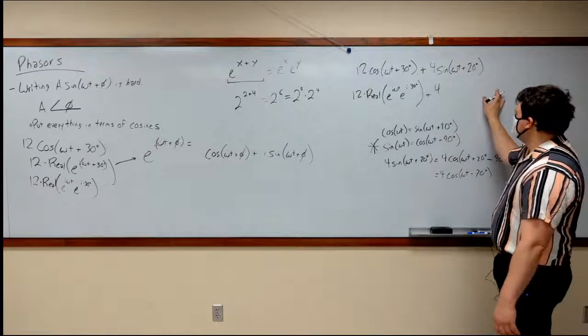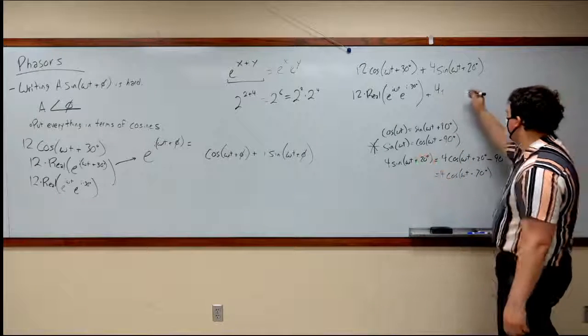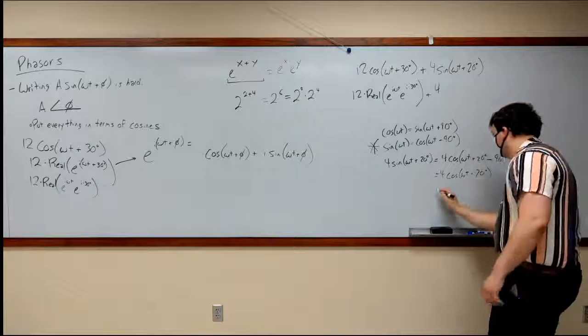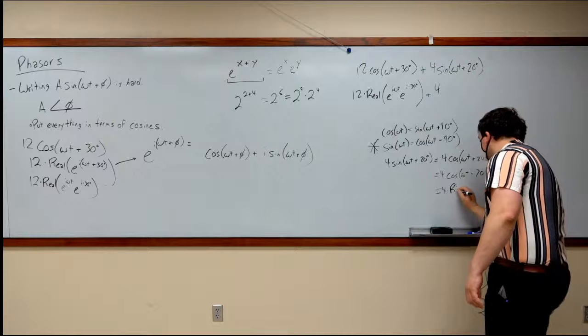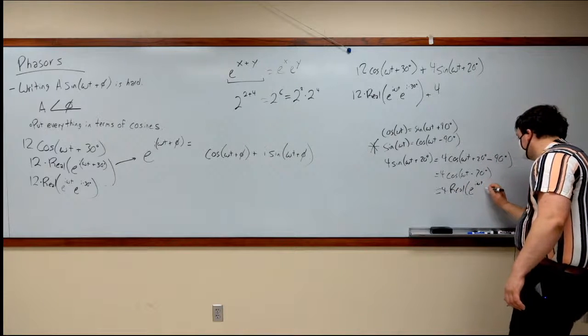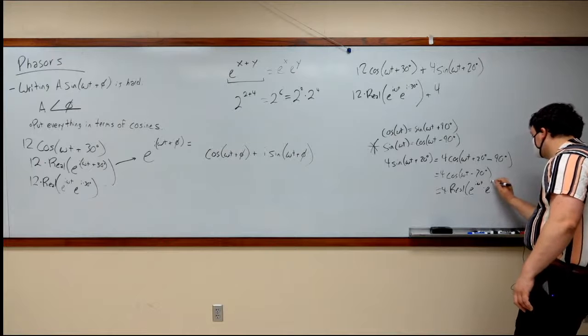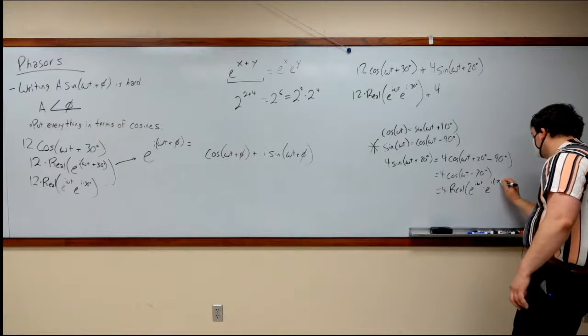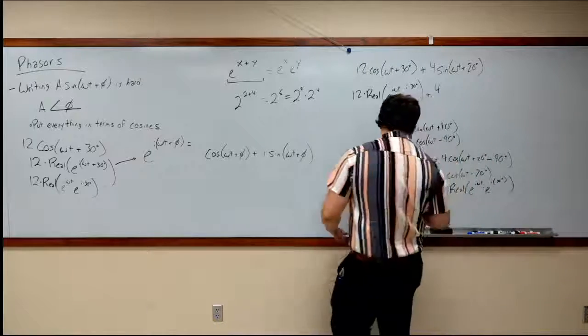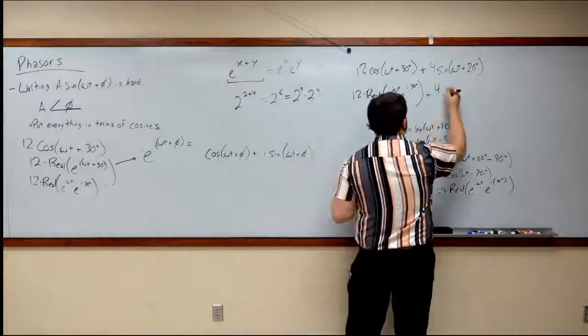We can go ahead and replace this with a cosine. Oh, nope, sorry. This is equal to 4 times the real component of e to the I omega t times e to the I times negative 70 degrees. Okay, and then we take this and plug it up here.